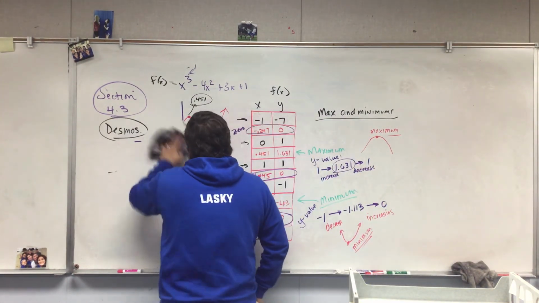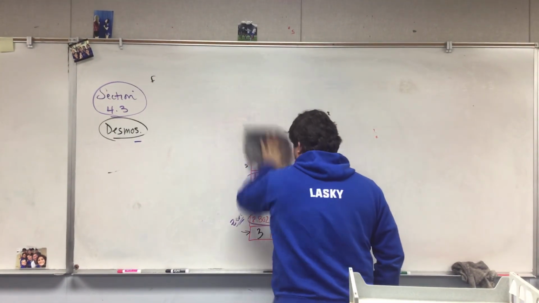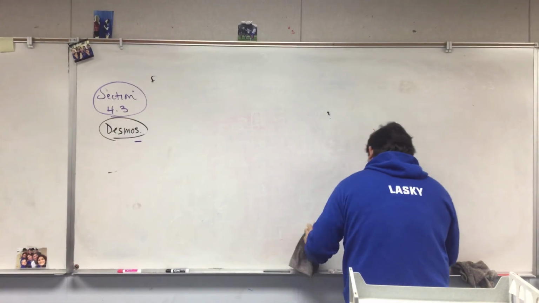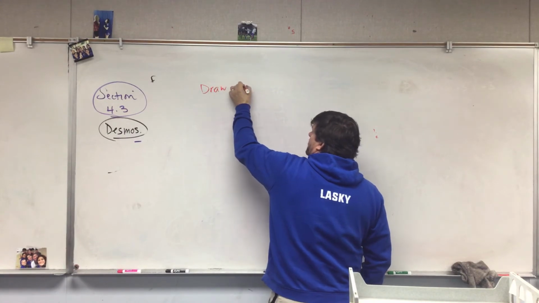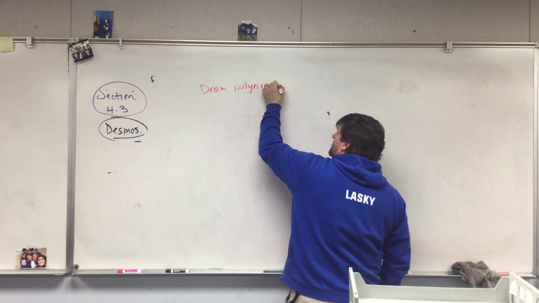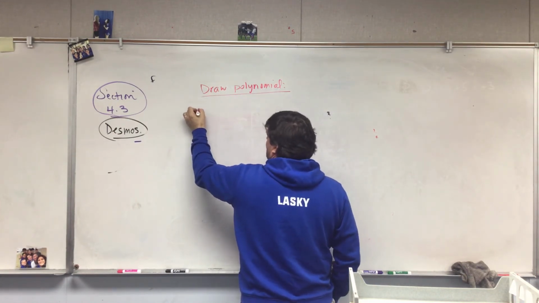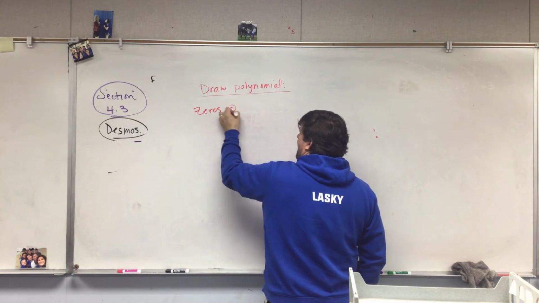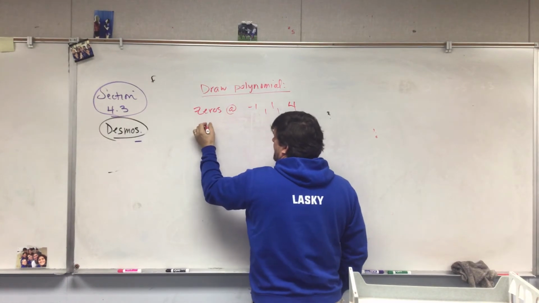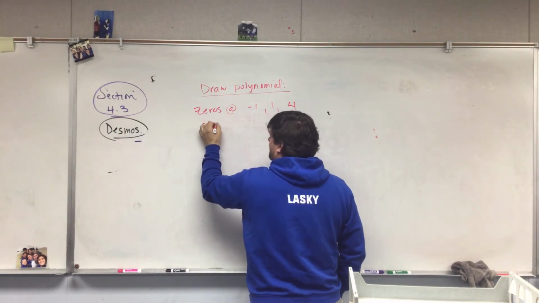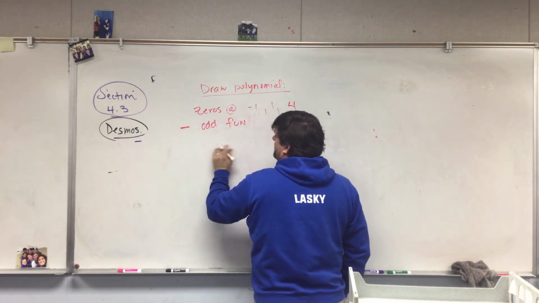All right, so one more example of a couple of different things. Let's say we're going to draw a polynomial that has zeros at -1, 1, and 4, and it is a negative odd function.